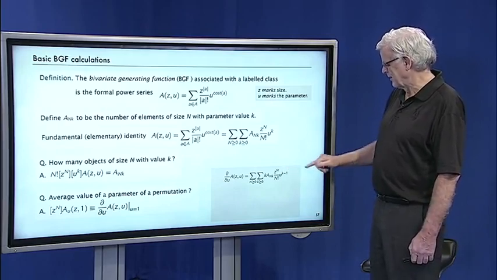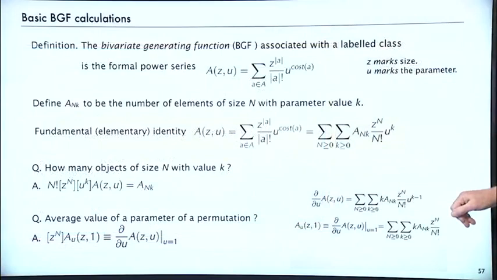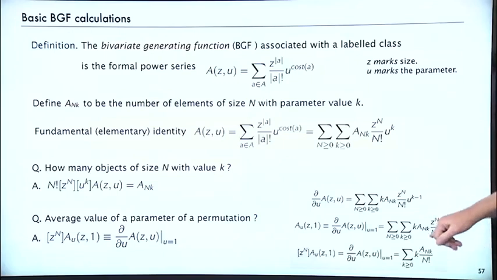Now if you evaluate that at u equals 1, the u^(k-1) goes away. And if you look at that sum, what's the coefficient of z^n in that? It's the sum of k A_nk. And then again, the trick, divide by n factorial. So it's the sum of k times the probability that it's k, over the sum of the probabilities, which is exactly the average.